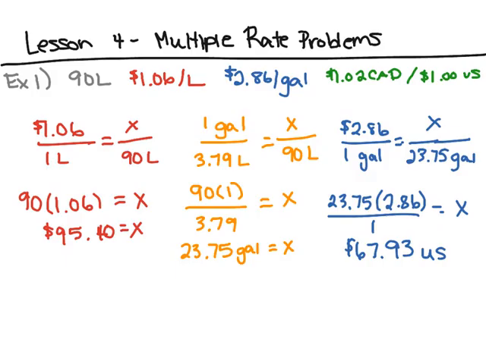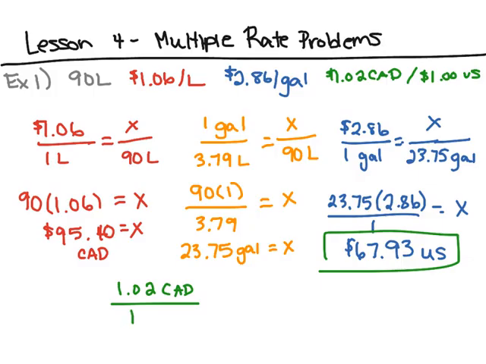Now, if this is in the US, you're paying in US cash there. If this is in Canada, you're paying in Canadian here. So what we need to do is convert this to Canadian so we can compare the prices. So we know 1.02 Canadian for every 1 US. And we have $67.93 in US, and we want to find Canadian.